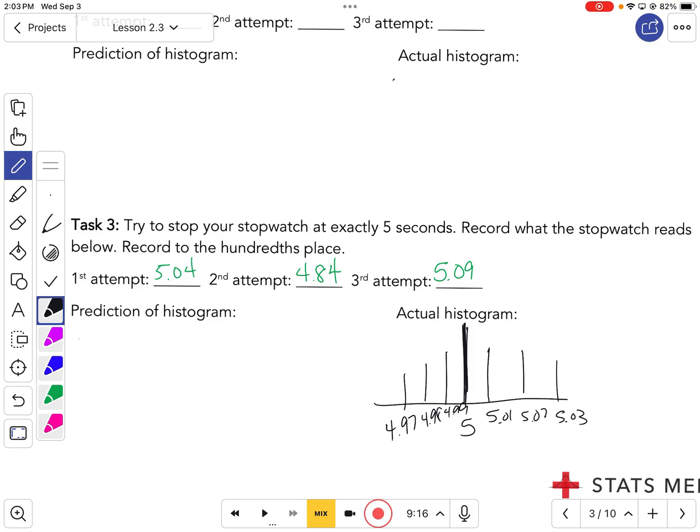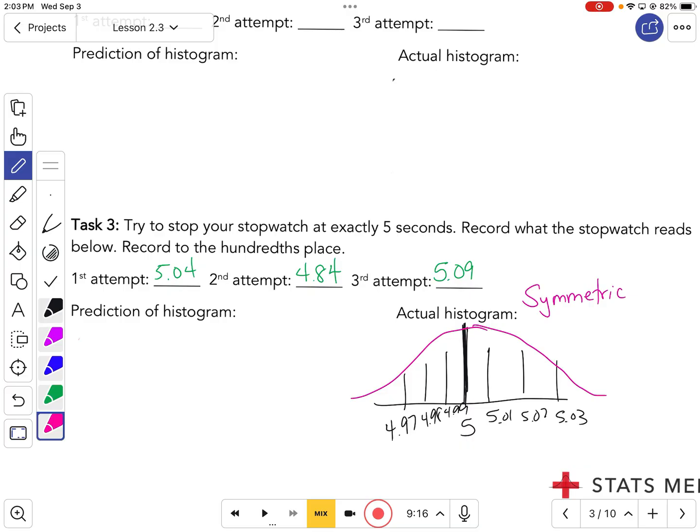So it's going to make this shape eventually, where it looks like this. What have we been calling that when it looks like that? Symmetric. It would actually be a really symmetric distribution if we took a lot of data from a lot of people.